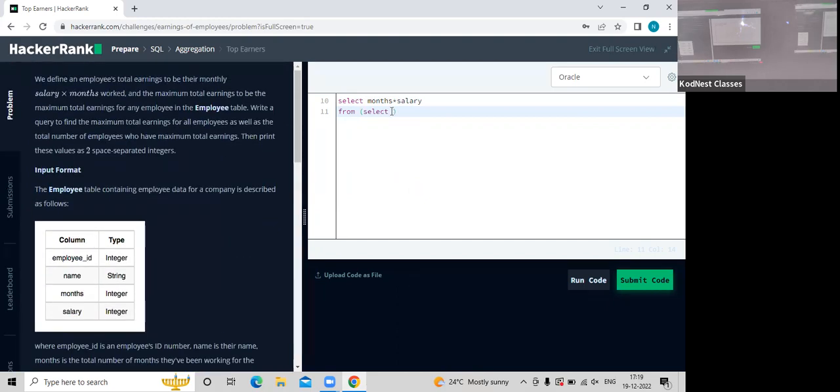Maybe we can just write, I want month, comma, salary, from the table. What is the table name? Employee is the table name. I hope all of you are getting why I'm writing a subquery here. Why? Because I have to perform order by the salary.